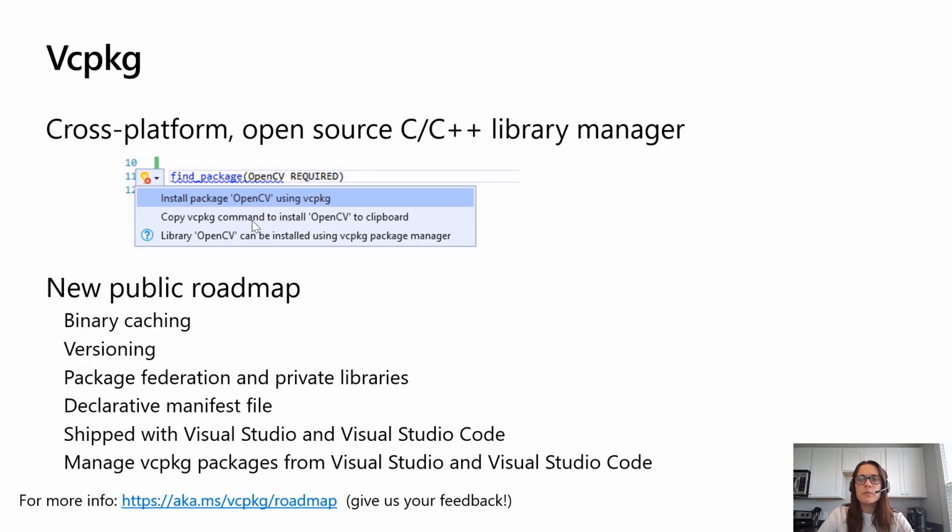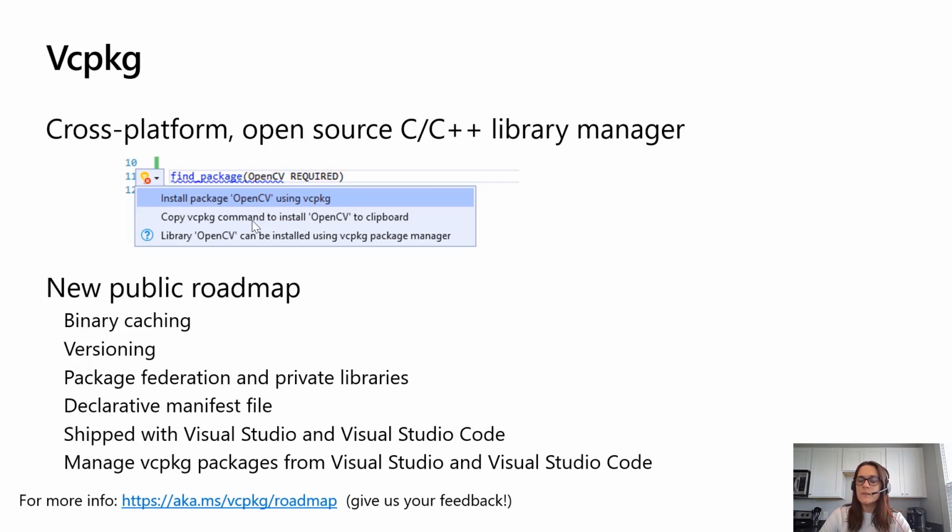Right now, you can only bring down and build libraries locally, but we'll be adding support for binary caching and remote hosting services to improve the speed of acquisition, as well as allow developers access to the exact same binaries. You'll be able to specify which version of a library that you want to install.